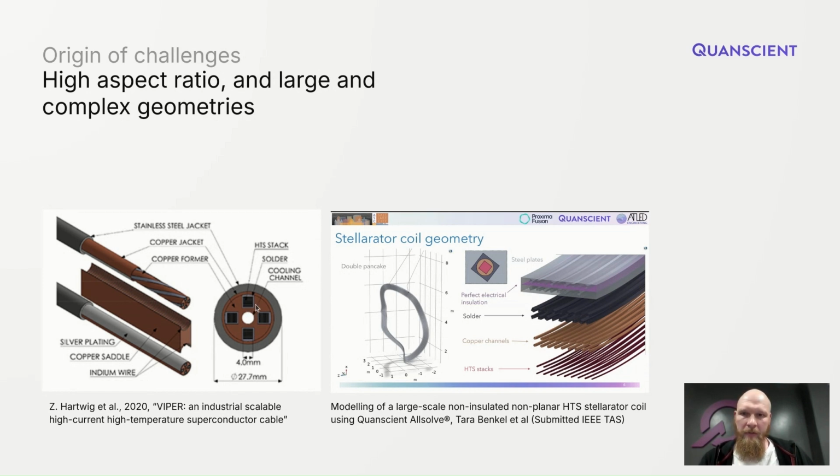If we want to add more detail to the geometry, we easily end up with huge problems to simulate. Typically it's not even possible, and we need to do some homogenization for the tapes or even at the stack level.